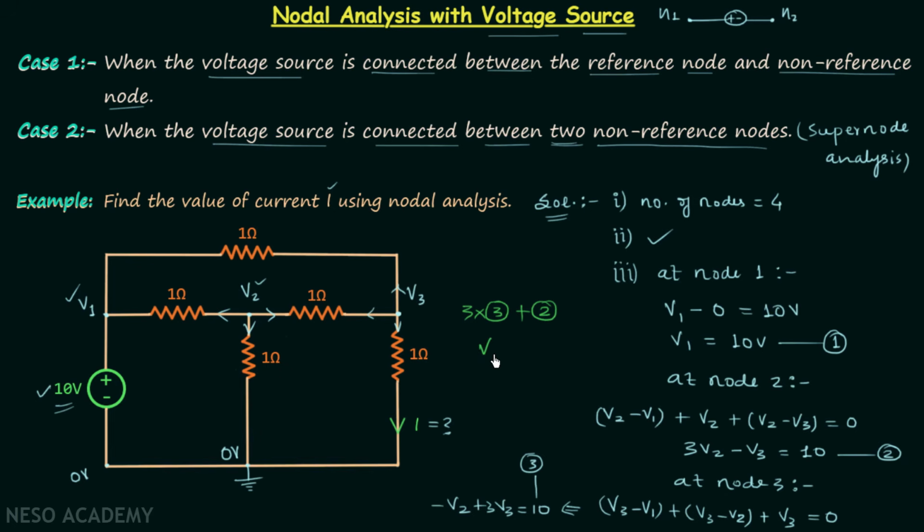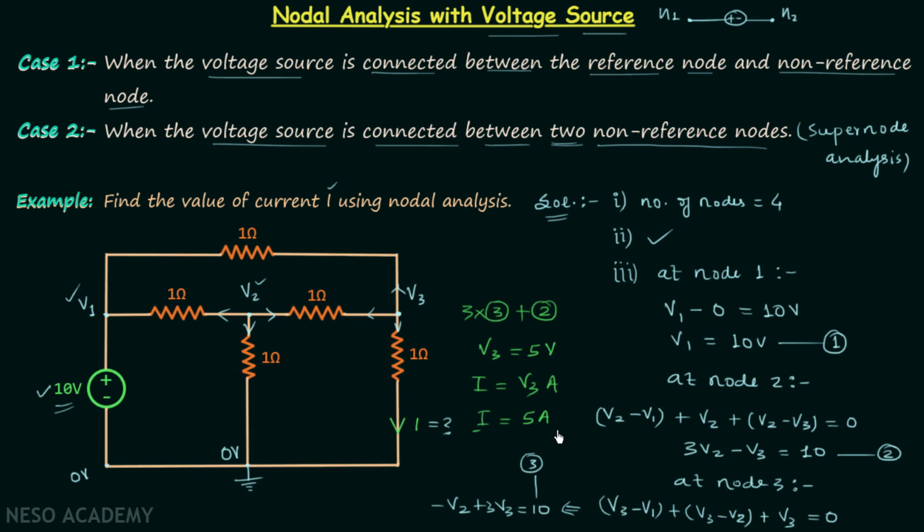You will have V3 equal to 5 volts. And as we have V3, we can have this current I. I is equal to V3 minus 0 divided by 1. That is, it is simply equal to V3 amperes. That is, I is equal to 5 amperes.